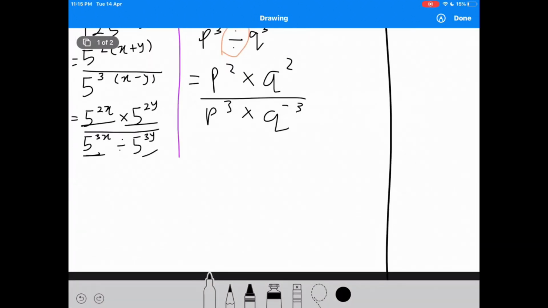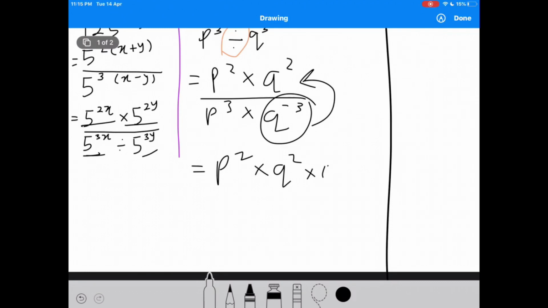Next, bring q to the power of negative 3 into the numerator, so that it will be easier to express in p and q.